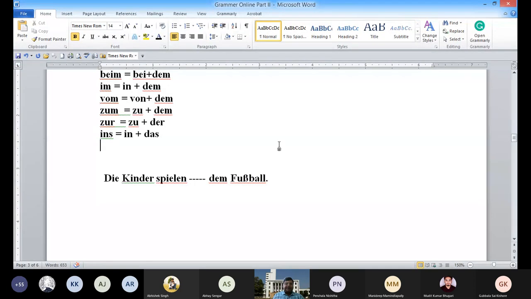Die Kinder spielen das dem Fußball, and here you have to fill in the blanks by selecting any appropriate preposition, whatever you have learned so far.